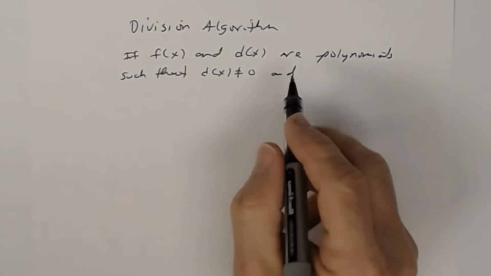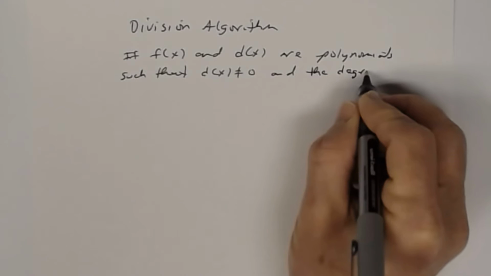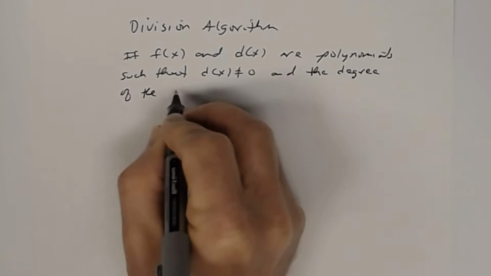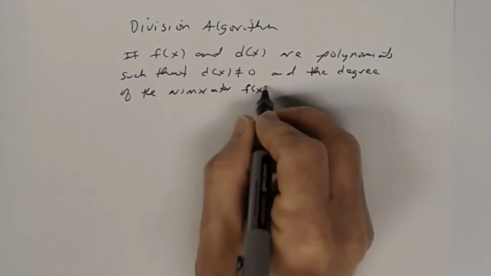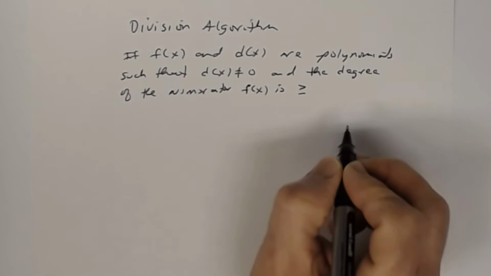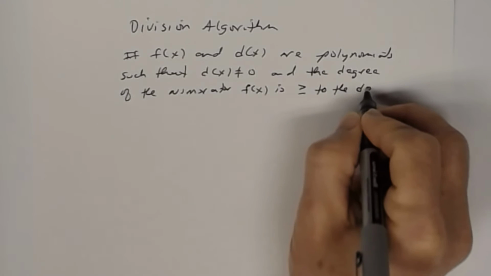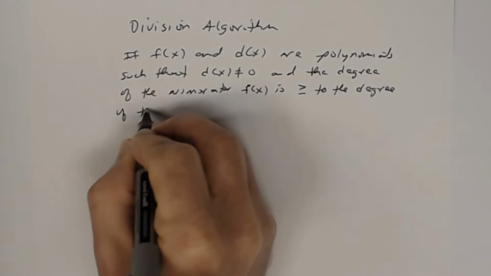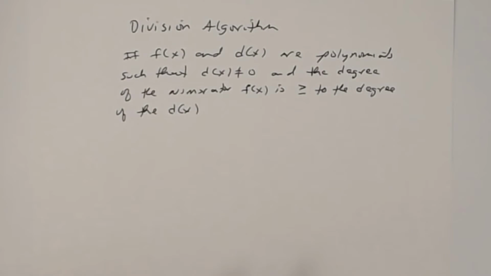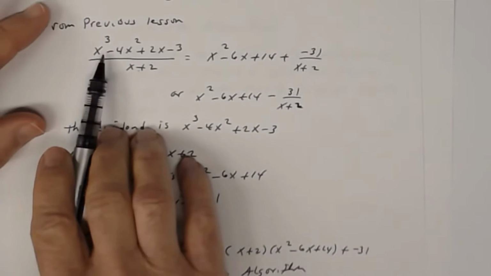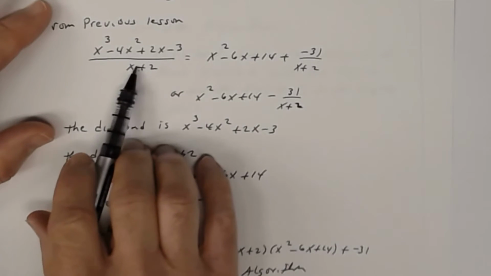And the degree of the numerator, f of x, is greater than or equal to the degree of the denominator, so of d of x. Okay, so notice that in this case, the degree of the numerator, which is 3, is larger than the degree of the denominator, which is 1.